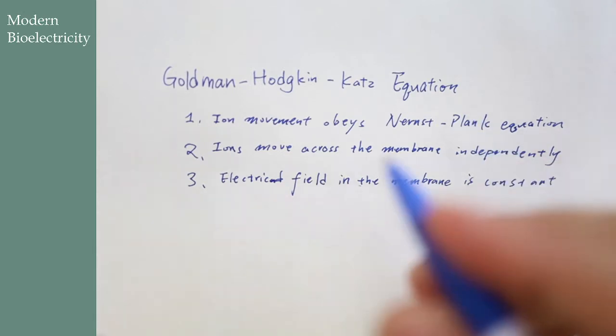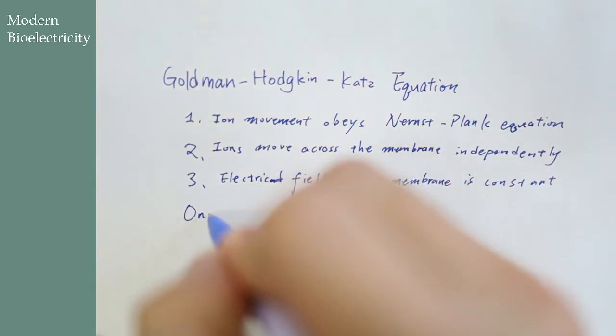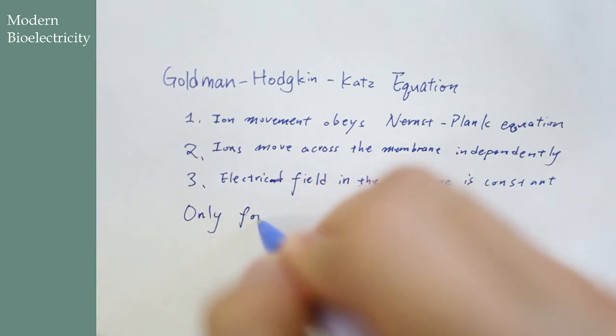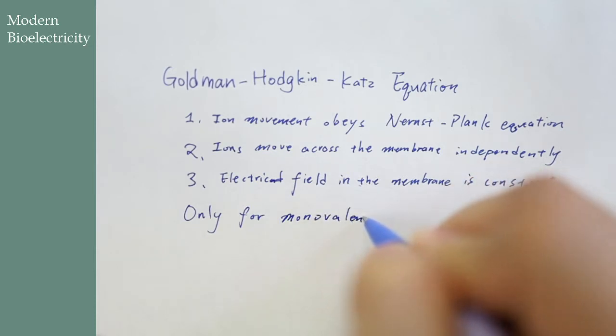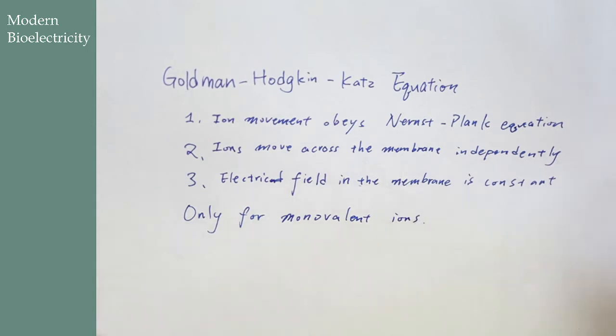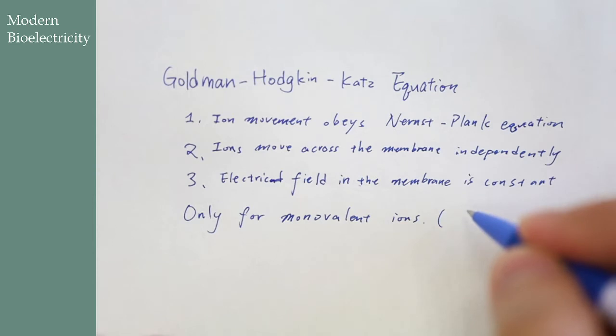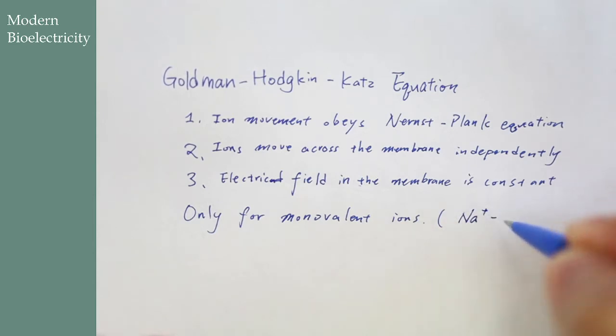But it has the problem that it can only be used for monovalent ions, which means that it can only be used for calculating sodium, potassium, and chloride, which are the main ions in our neurons or cardiac myocytes.